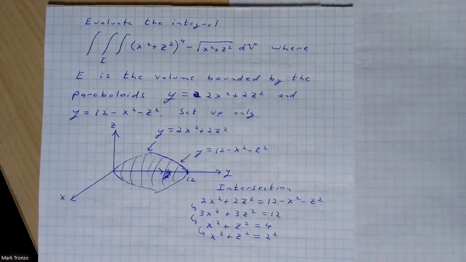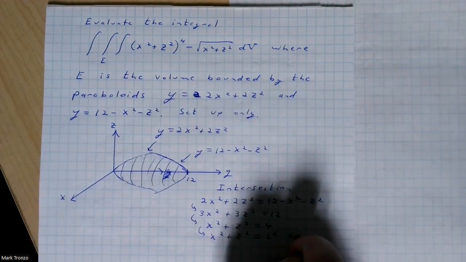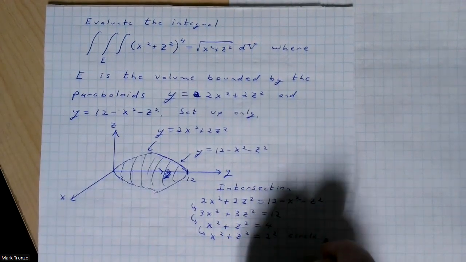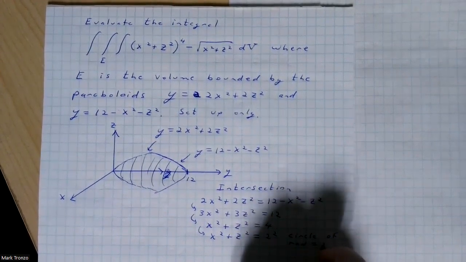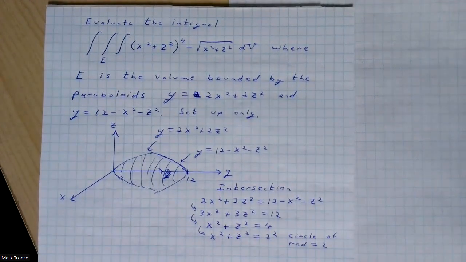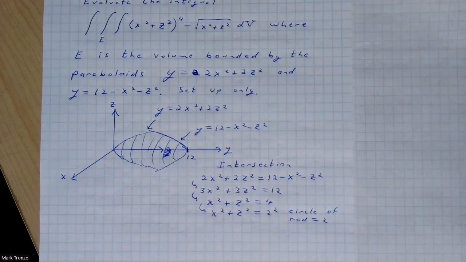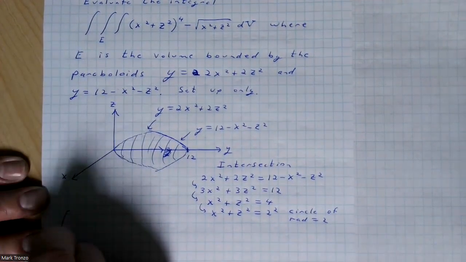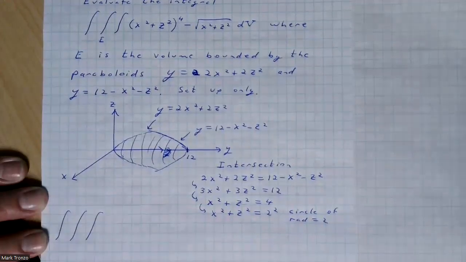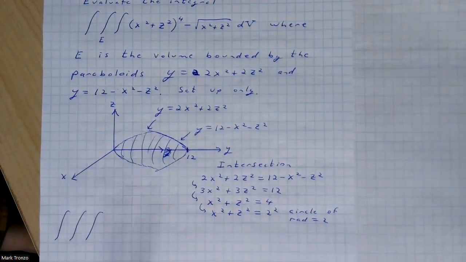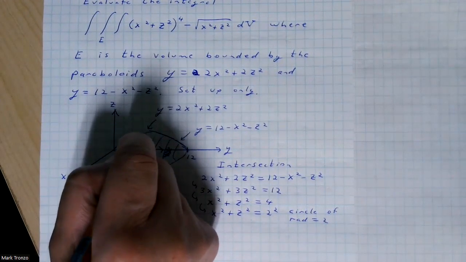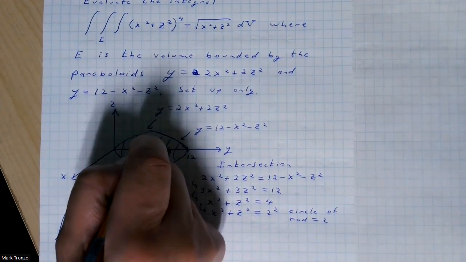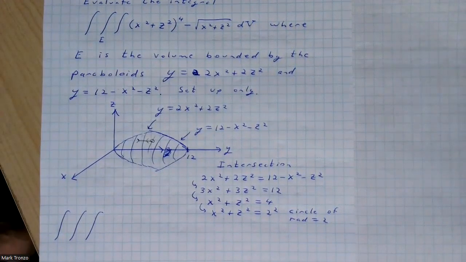Something like this. So obviously this is a circle of radius 2. And so let's set up the integral. Once again, imagine yourself standing inside the volume in the positive y direction.